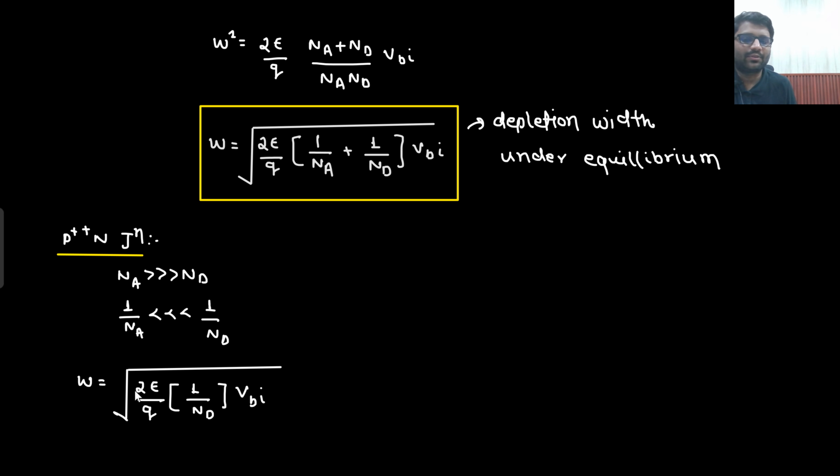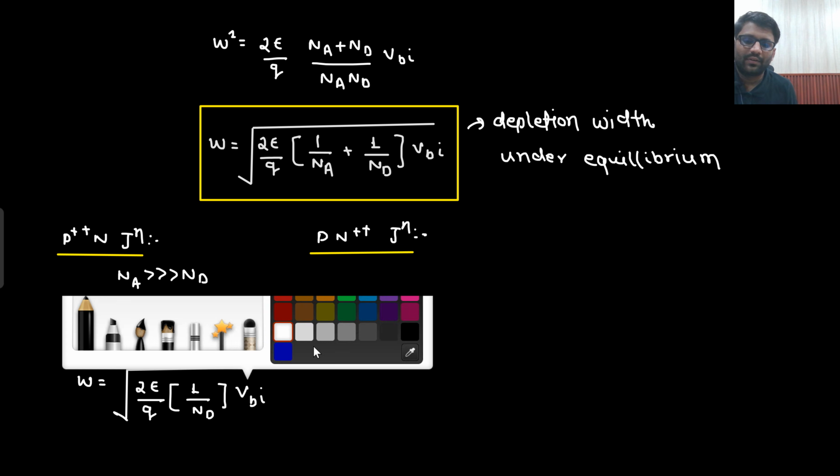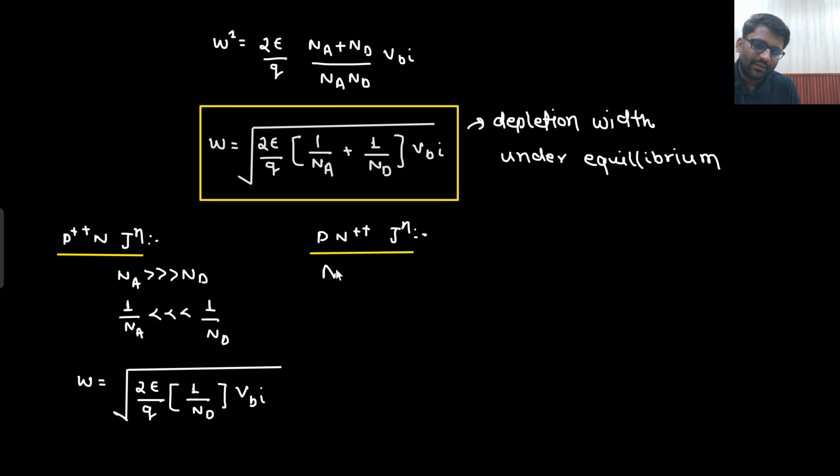Let's not put it in the box. You can simply see, this is just an observation. And what if I am using p n plus junction? So there is very much higher doping of Nd. So Na is less than Nd. So 1 upon Na would be very much greater than 1 upon Nd.